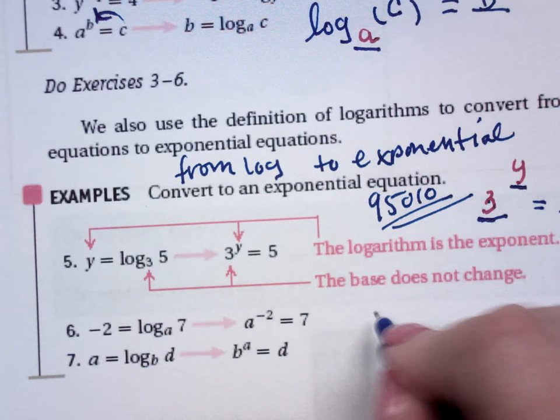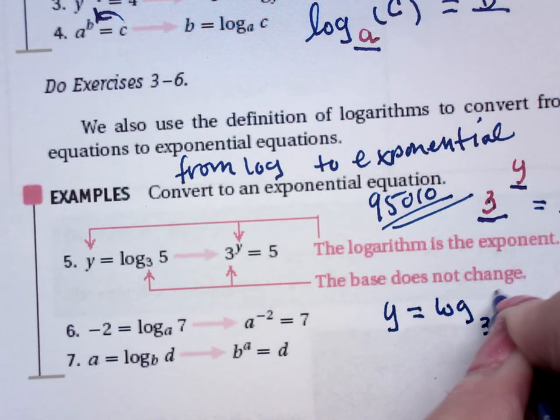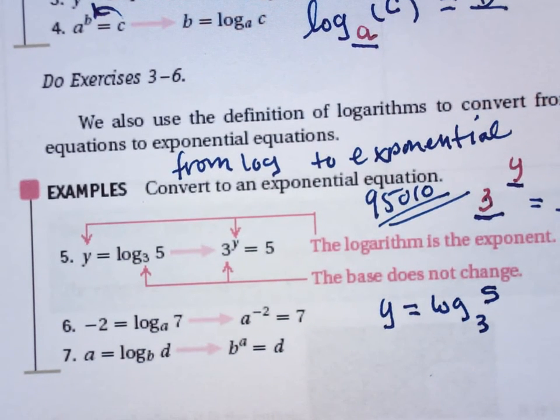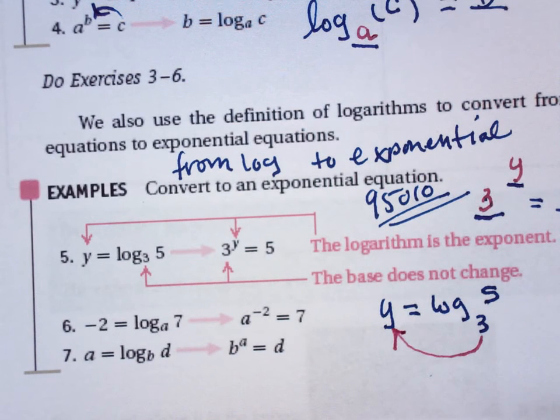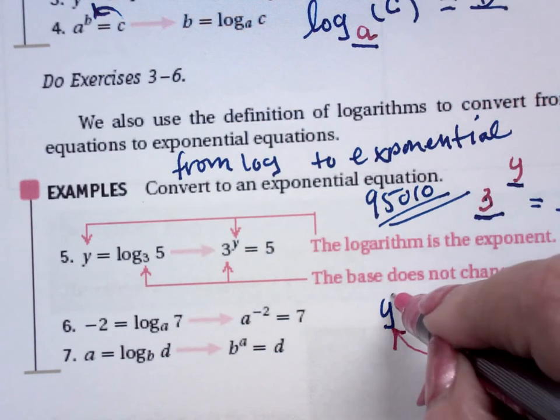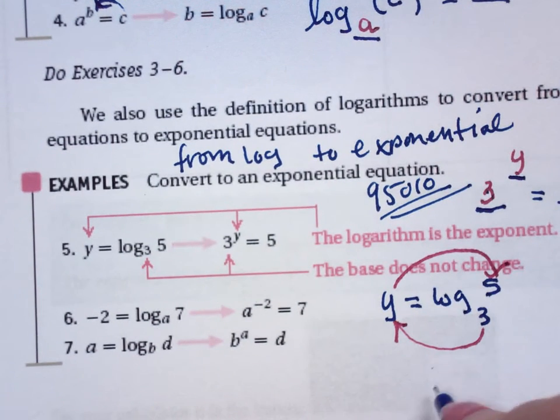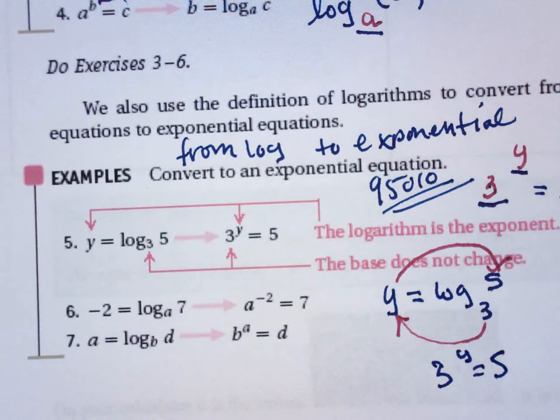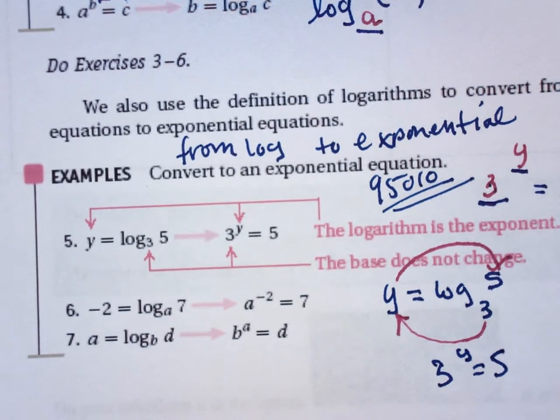If I take a look at y equals log base 3 of 5, the base is the base. 3, take it through the equal sign to the y power, take it back across, equals 5. Now, by the way, that's usually not the way we see it, but that's how it certainly can be done.